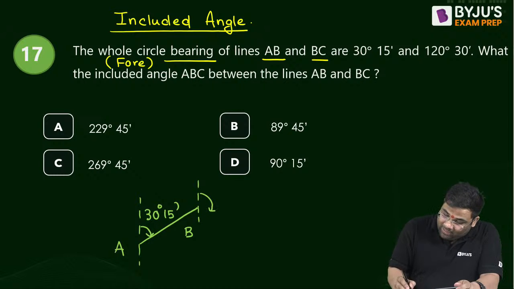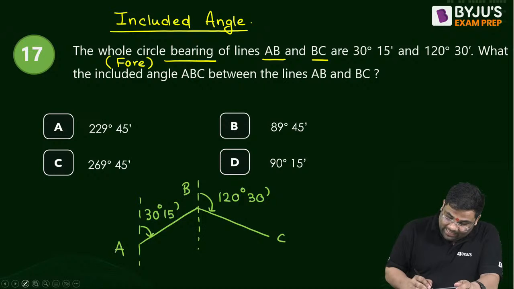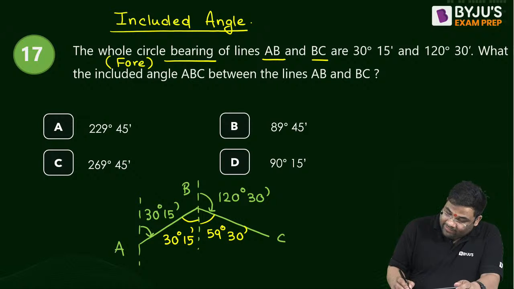Always take these angles clockwise. So 120 degree 30 minutes, this is BC. Now you can easily answer, right? So the included angle ABC: by alternate angle, this angle will be 30 degree 15 minutes, and this will be 59 degree 30 minutes. So add them, I am getting 89 degree 45 minutes.